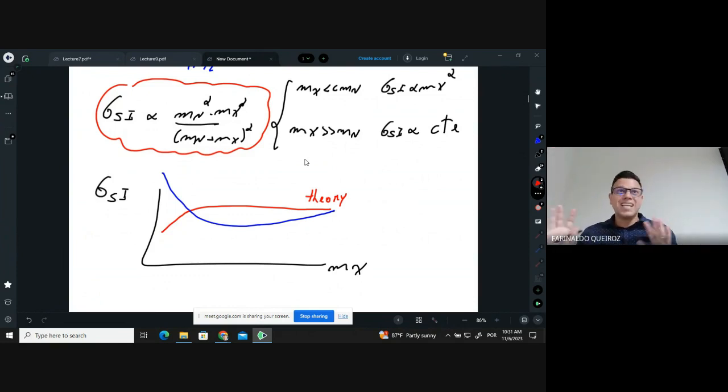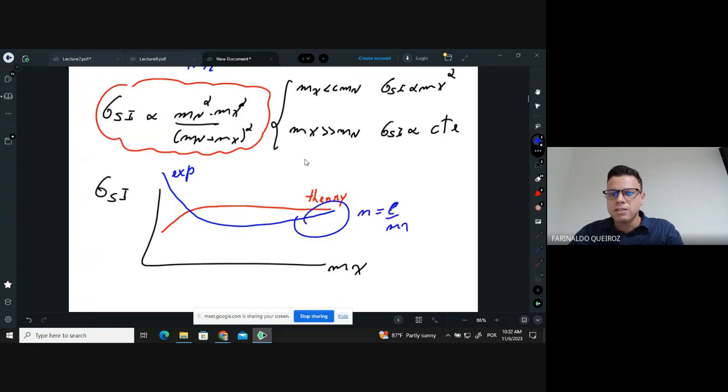For dark matter physics, that's not the same, because as you increase the dark matter mass, you don't decrease the scattering. You're actually making it constant. And the experimental limits, sure, they weaken with the dark matter mass. This has to do with the number density being rho over m. As you increase the mass, the number density decreases, and that's why the limits from direct detection rise and become weaker.